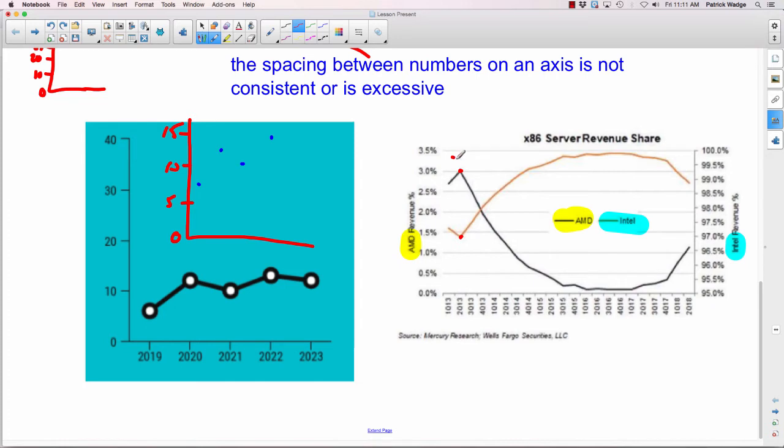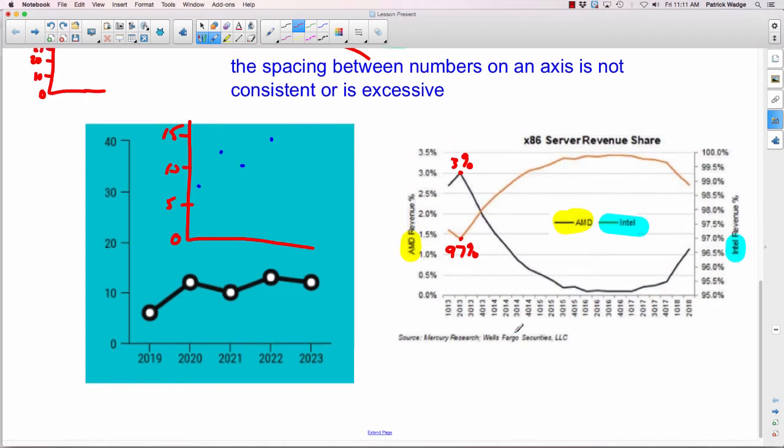So this is 3%. And it definitely looks higher than this one, right? Wrong. Because when I'm reading this one, I'm using the Intel scale. The brown line's the Intel, and that's way over here. I go over here and I get approximately 97%. How could you possibly draw this one higher when it's only 3% and this one's 97%? This is a horribly misleading graph. Real graph, by the way. I didn't make these up.